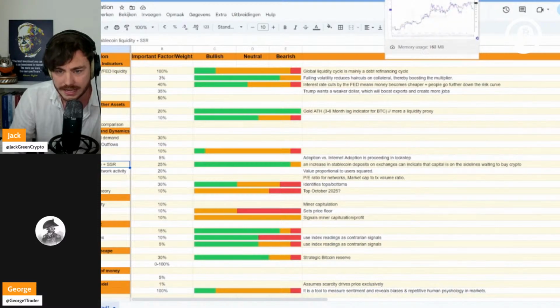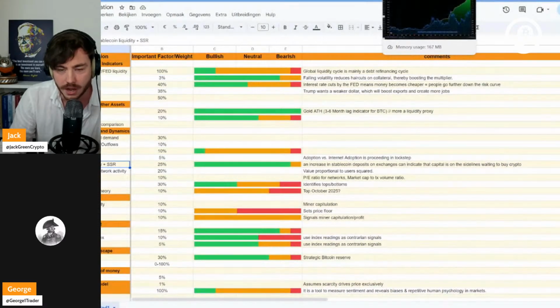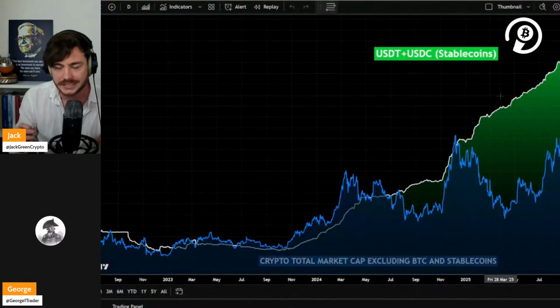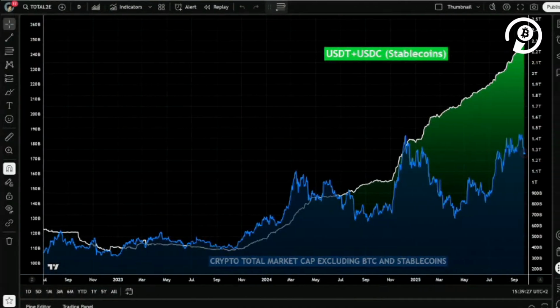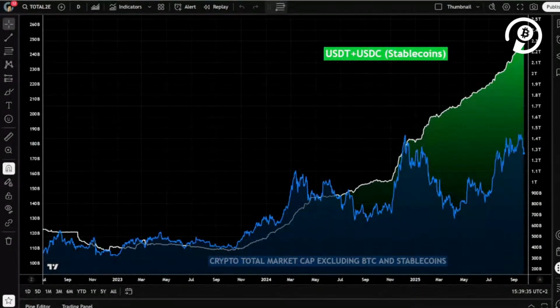As long as stablecoin liquidity keeps moving up, to me, this is one of the more important things in crypto because everyone needs to buy crypto with stablecoins. If stablecoin liquidity keeps going up, that liquidity needs to flow eventually into crypto.